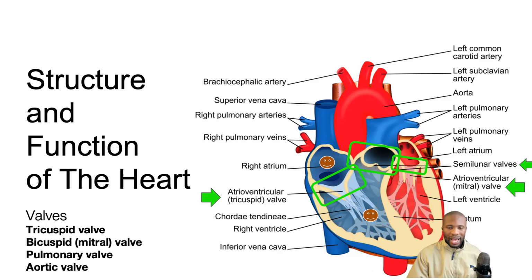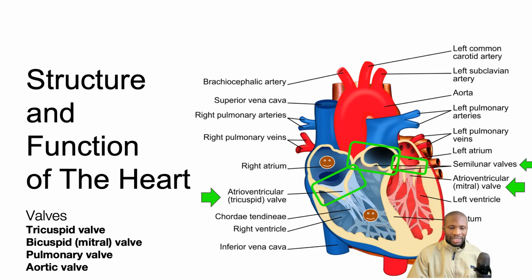But what happens behind? If this door is still open, we might get blood not only going out through the aorta and the pulmonary artery, but we might also see blood going back into the atrium. So what needs to happen is that not only does the next door need to open, but the prior door that the blood went through needs to close.